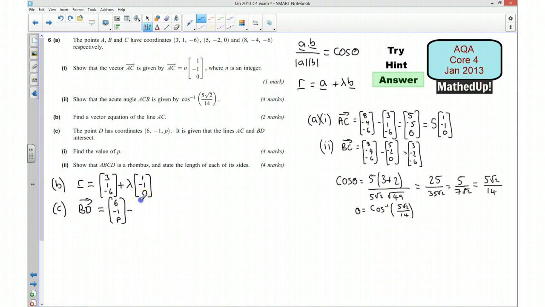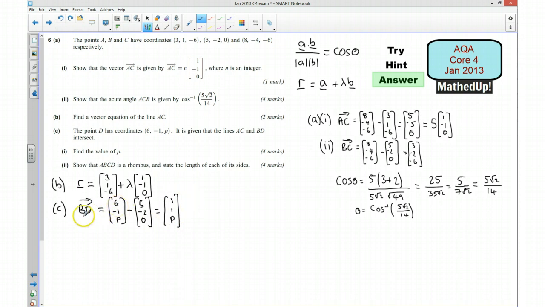So that's the coordinates, so the position vector is going to be 5, negative 2, 0. Okay, and that's going to be 1, 1, and p. Okay, so that's the direction in which BD is going.